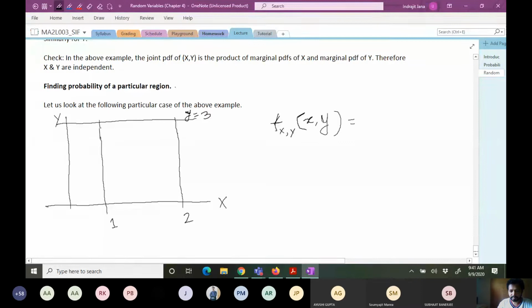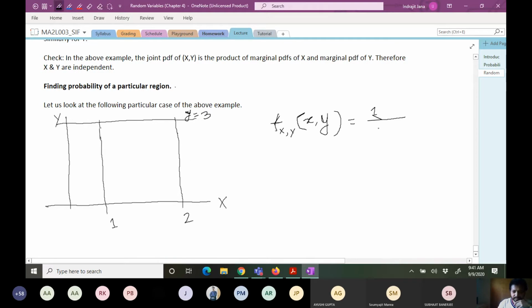This will be given by 1 over the total area. The length is 1 in the horizontal direction and the length is 3 in the vertical direction. So this is going to be 3 times 1, which is 3.